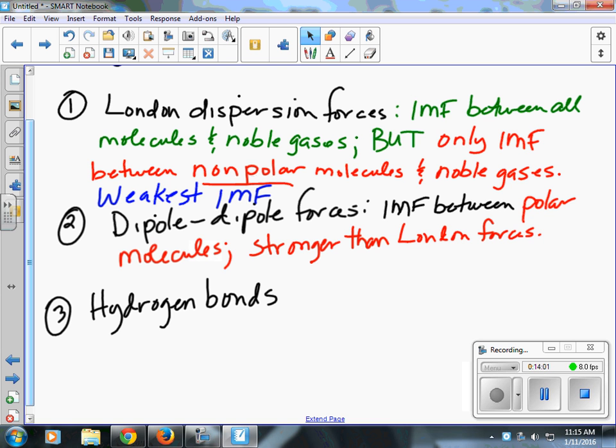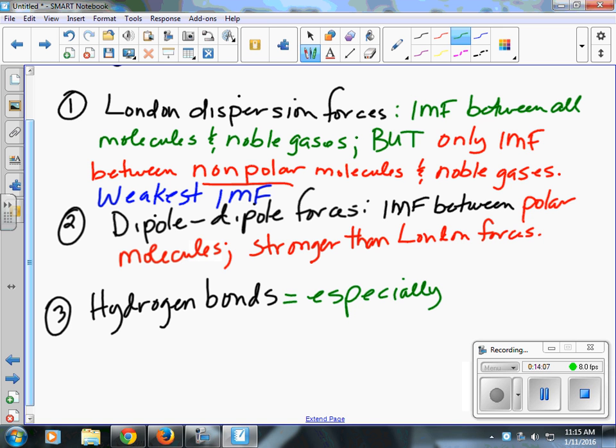Hydrogen bonds. Especially strong dipole-dipole.